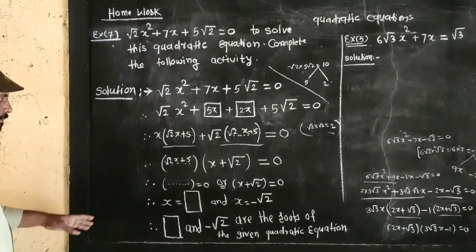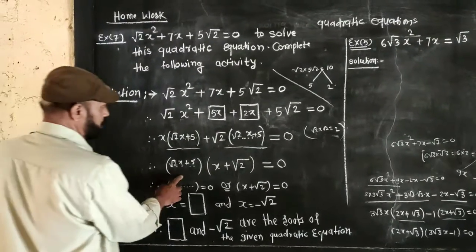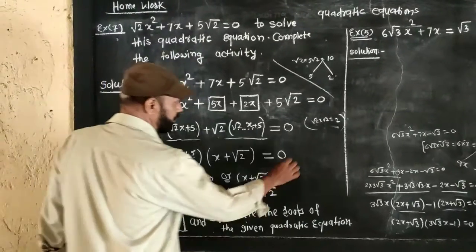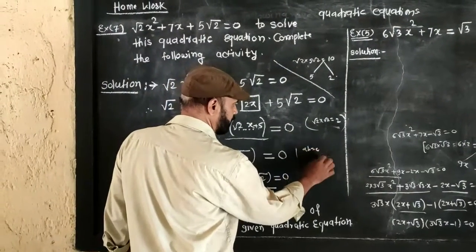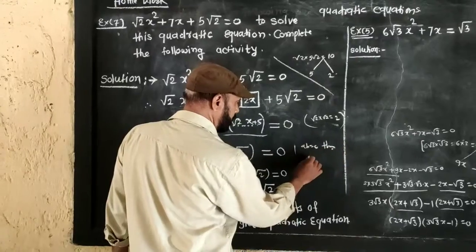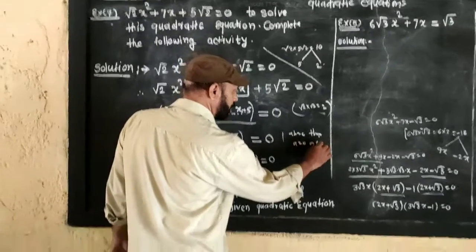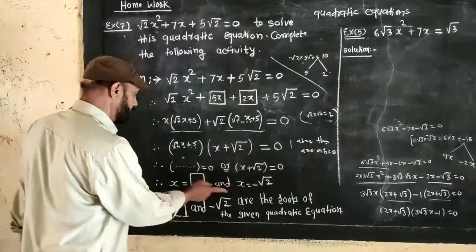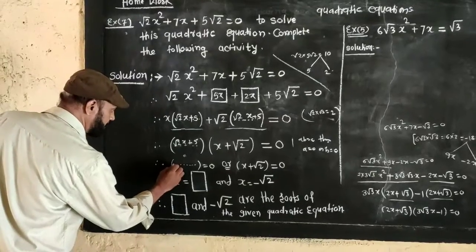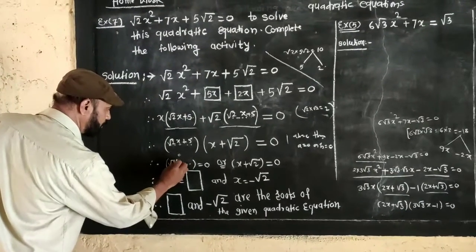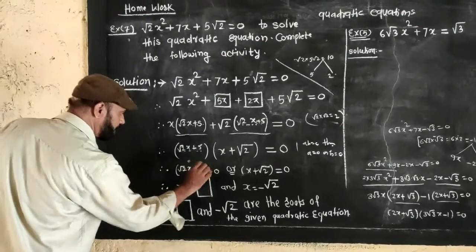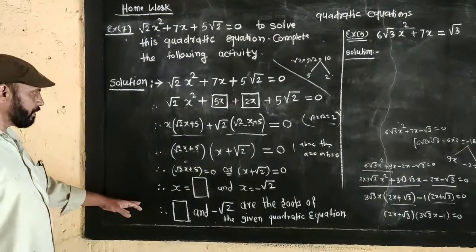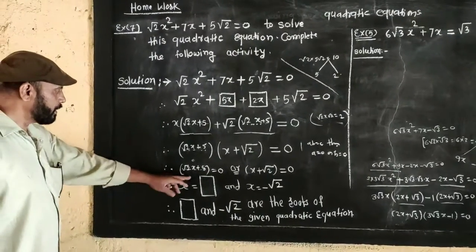Again here, using our rule, that ab is equal to 0, then a is equal to 0 or b is equal to 0. So we write root 2x plus 5 is equal to 0. So x is equal to, again we have to solve this.